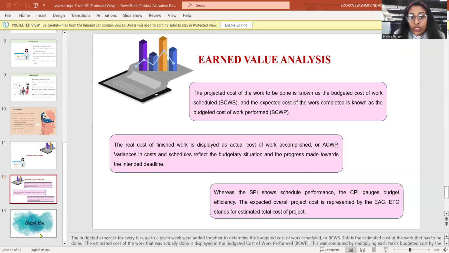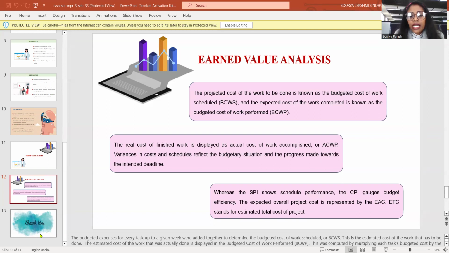This is the estimated cost of the work that should be done. And the estimated cost of the work that was actually done is displayed in the budgeted cost of work performed, or BCWP, computed by multiplying each task's budgeted cost by its completion.